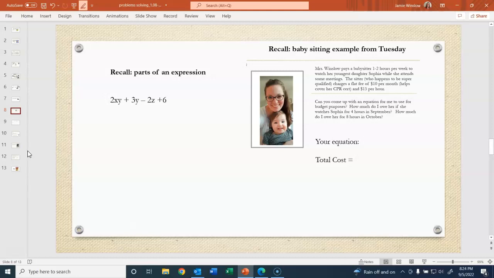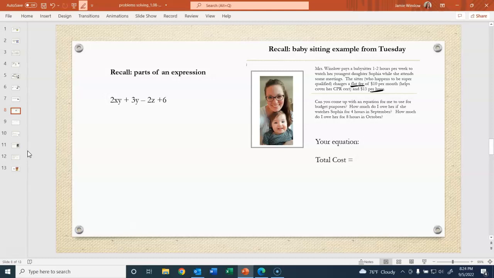So this word flat fee is super important. A flat fee is something that's not going to change ever, really, unless she changes that flat fee. And the per hour will change, right, depending on how many hours she works. I mean, the fee per hour doesn't change, but her total compensation will change based on how many hours she works.